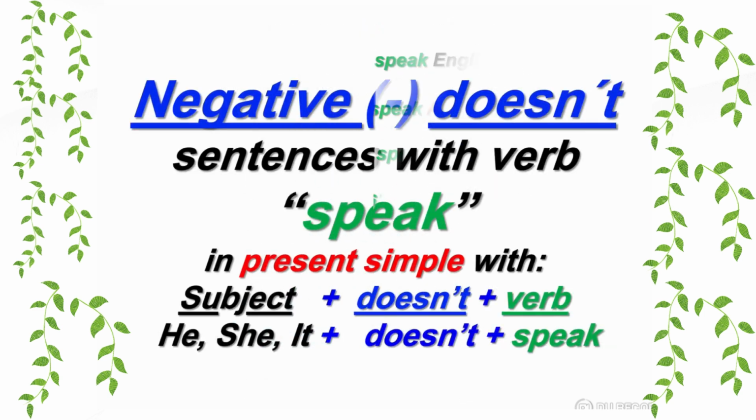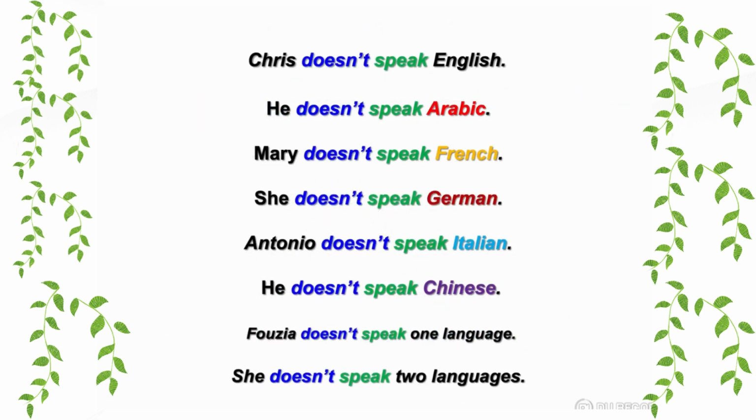The negative form. Chris. This word we don't pronounce it Chris. In some words, CH is pronounced K. So this word is Chris. Chris doesn't speak English. He doesn't speak Arabic. Mary doesn't speak French. She doesn't speak German.